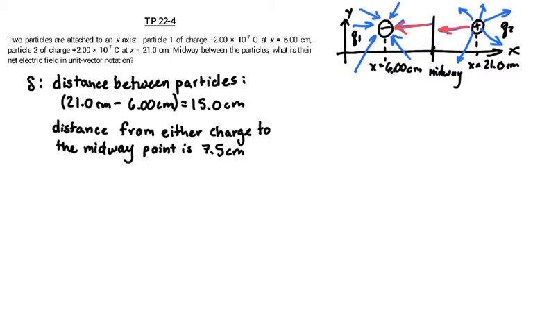So that's what I have listed here. First, we have to look at the distance between our charges. It's 15 centimeters, and the distance from either charge to the midway point is just half of that, so 7.5 centimeters. Notice that our significant figures just drop down to 2. That will play into the solution in the end.